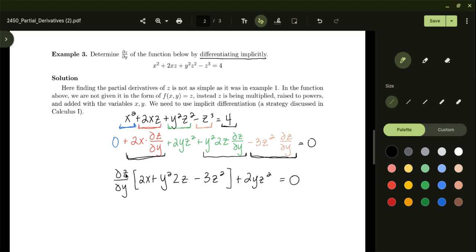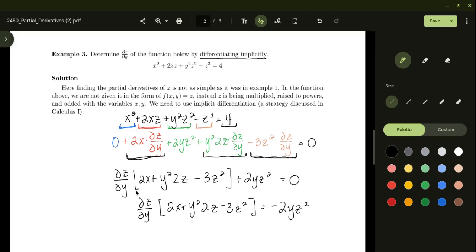So again, we're trying to solve for this partial derivative of z with respect to y. And so we're trying to get this all by itself. And so the very first thing is I need to get rid of this positive 2yz squared. So I subtract it from both sides. So just rewriting everything else that I had. And now this equals a negative 2yz squared.